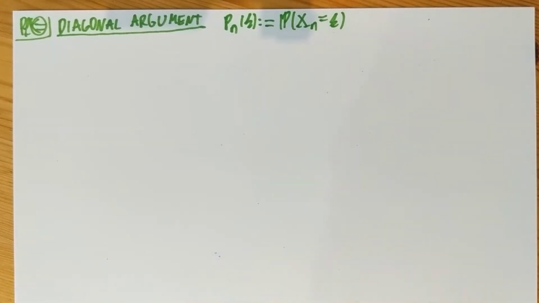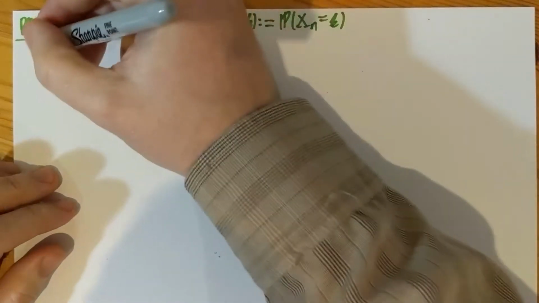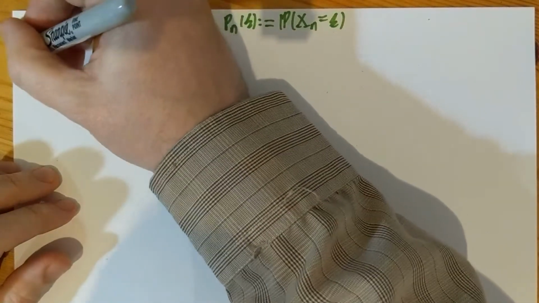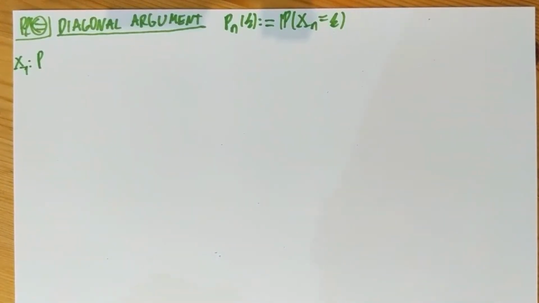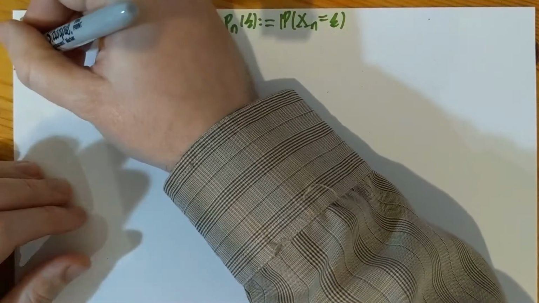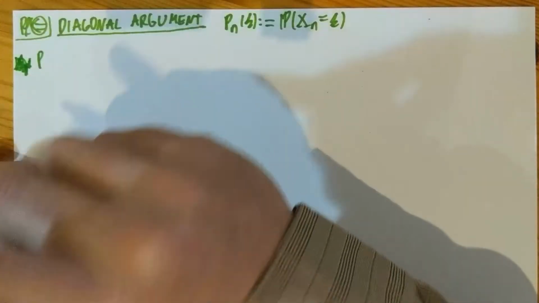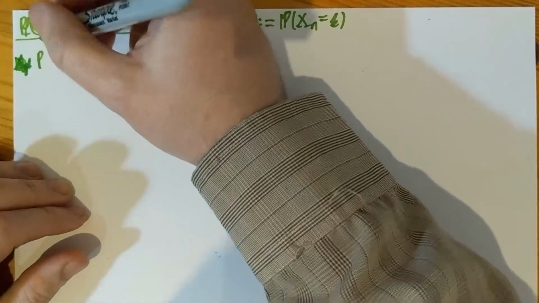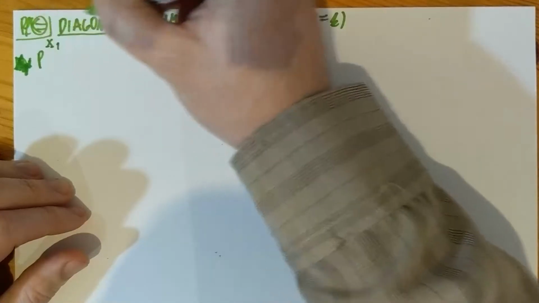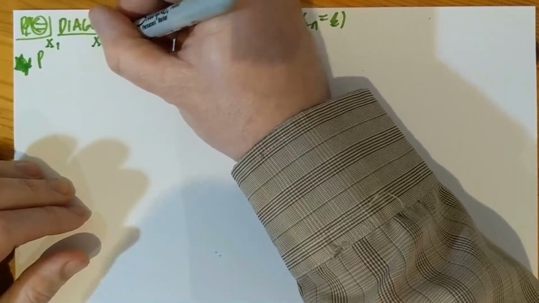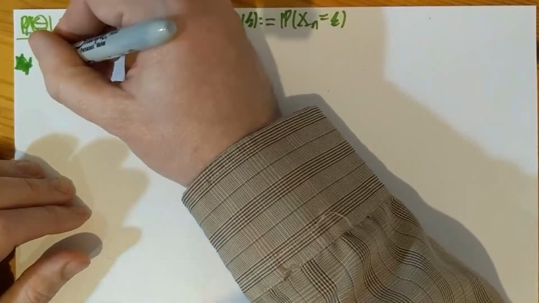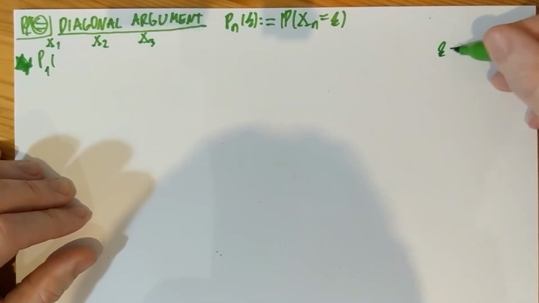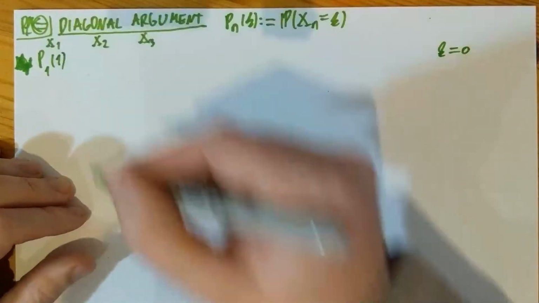Okay, so here is what I'm going to do. I'm going to list the mass function for X1, the mass function at k equals 0. So X1 is going to be here, and X2 will be here, and X3 there, and so on and so on. And so P1 at k equals 0 will be at this position.